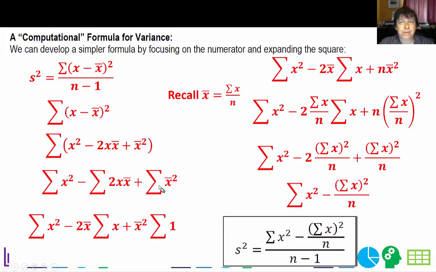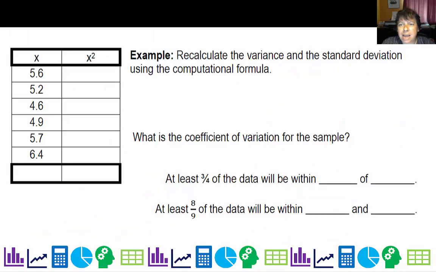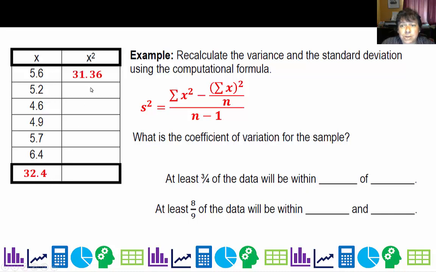So why would we want the computational formula? Sometimes it can actually be a little bit easier. So I can revisit that blood phosphate level problem. And here's the data, right? So I only need 2 columns when I use this formula because I need the sum of x squared and I need the sum of x. Well, the sum of x is 32.4. So let's go ahead and square the x's. Notice I don't have to subtract the mean and add those up.